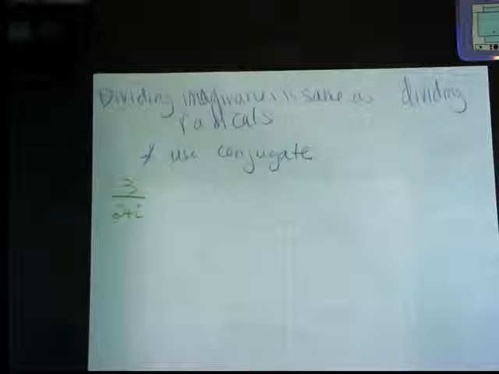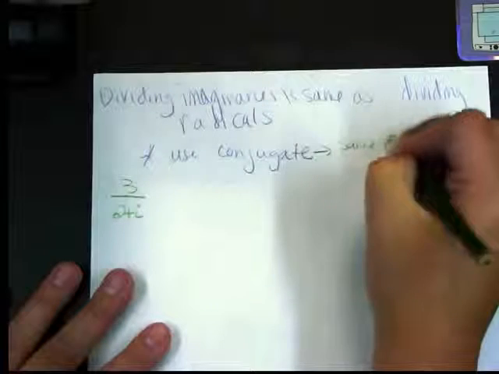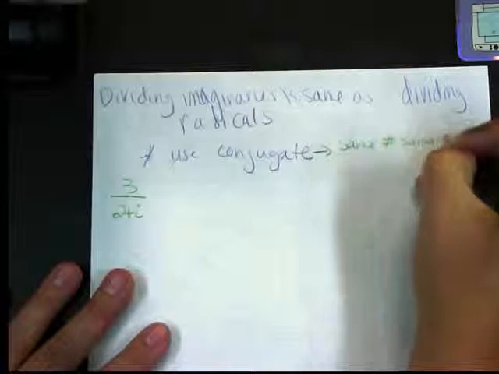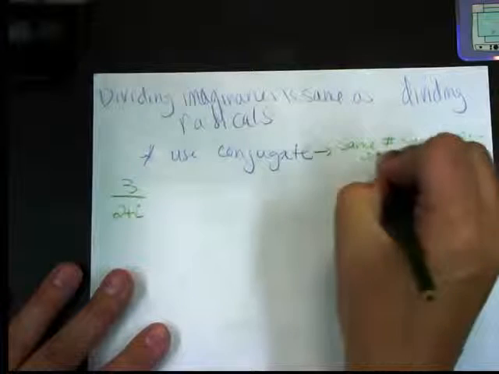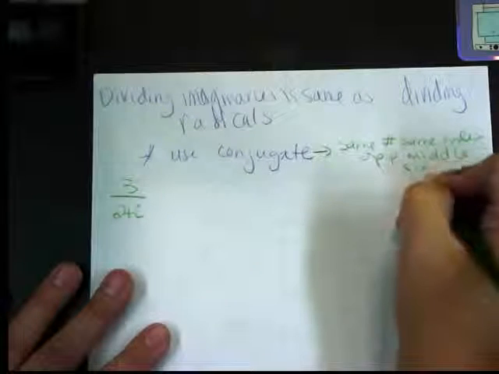But with imaginaries, we're going to have this plus minus sign, which we haven't had yet with radicals, of which we will. And the same rules are going to apply. But you have to multiply by a conjugate. And a conjugate is the same numbers, same order, but opposite middle sign.